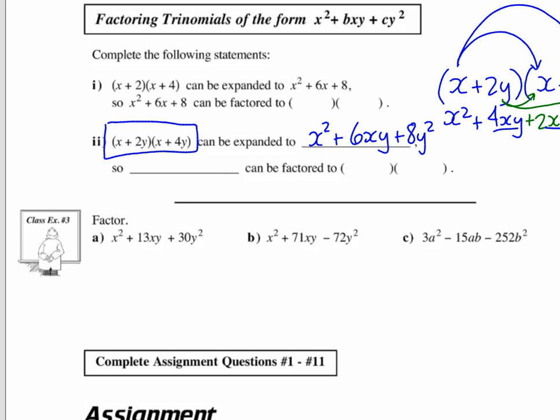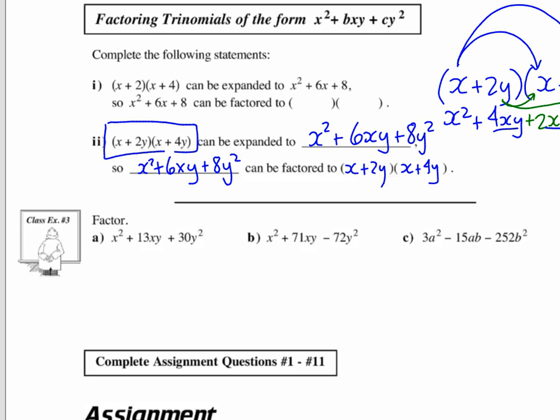Okay? So if we're going to go backwards, we want to go the other direction. We could also say that x squared plus, sorry, 6xy after collecting like terms, plus 8y squared can be factored to what? x plus 2y times x plus 4y, right?